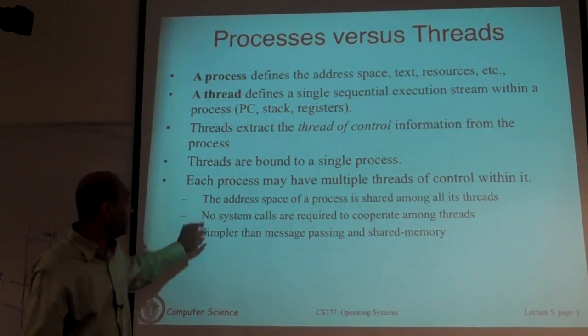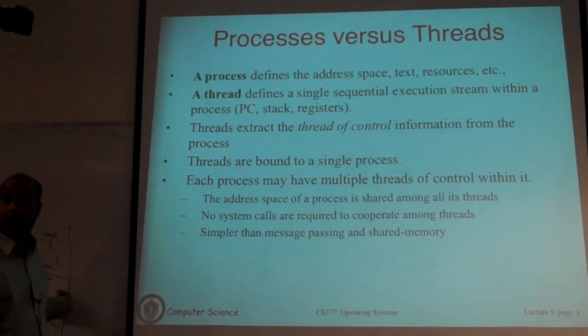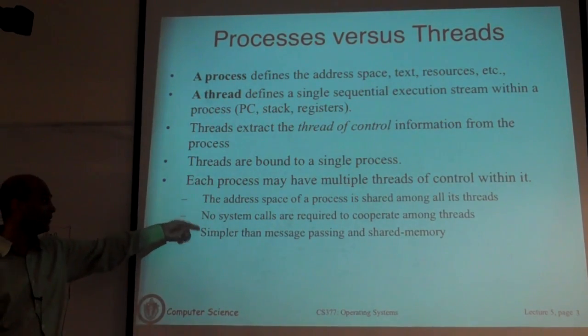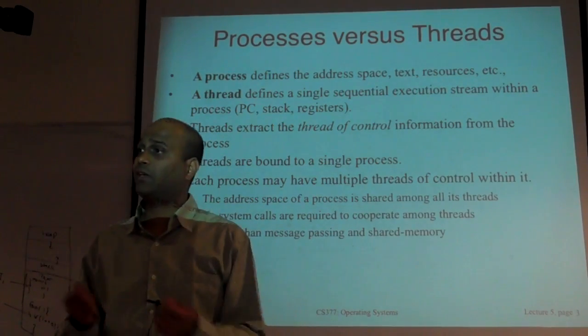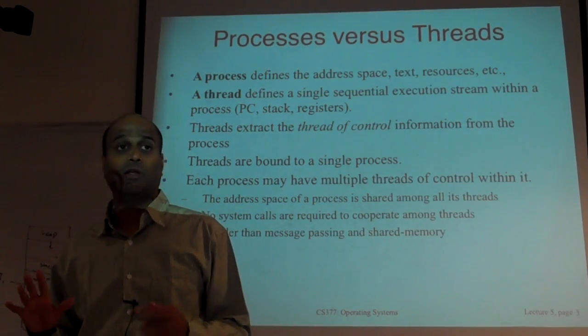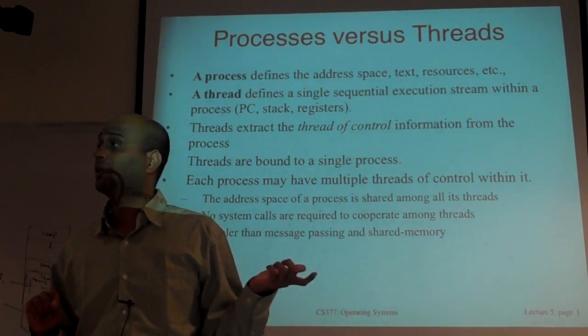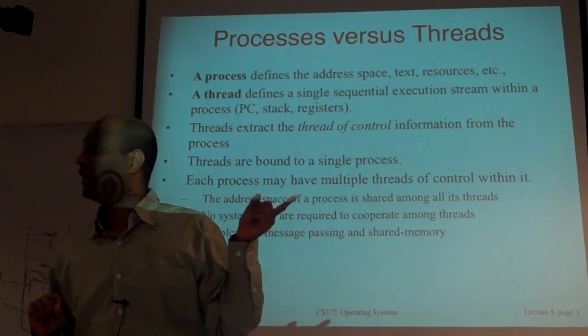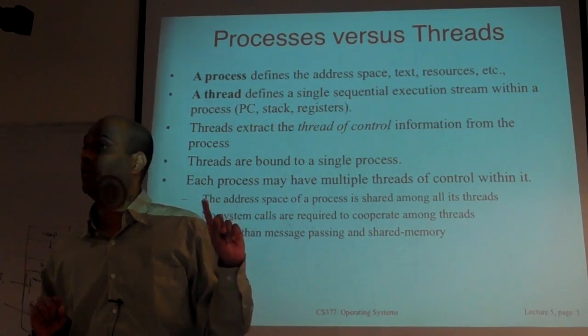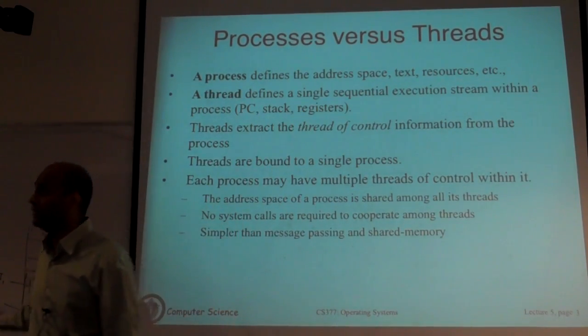Okay? You don't need system calls to cooperate between threads. You will use the threads library, as we'll see. And you'll see that writing a process with multiple threads that cooperate is much simpler than writing multiple processes that cooperate. When we talked about cooperating processes, I talked about shared memory and message passing. You don't need to do any of that, as you will see.